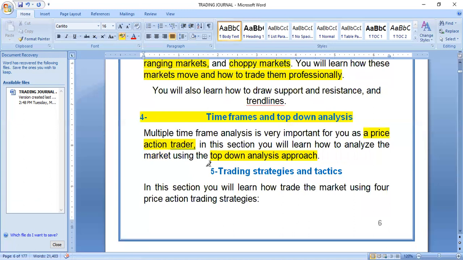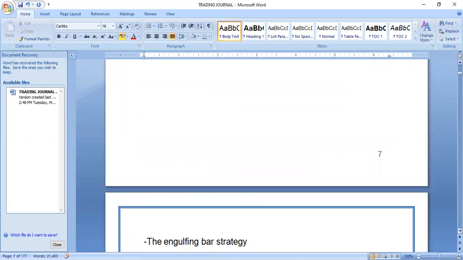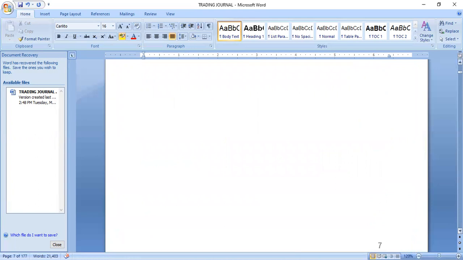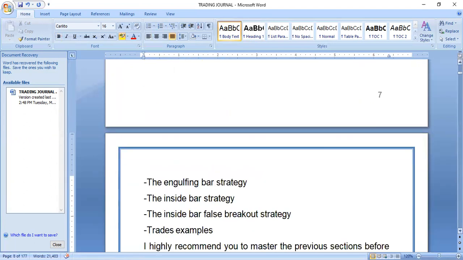Then we learn number 5, trading strategies and tactics. In this section, you'll learn how to trade the market using price action strategy. That's the basic thing. Let's look at some of the strategies that are commonly used by traders.